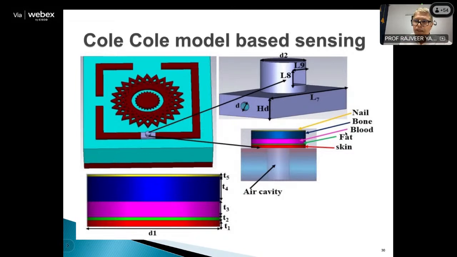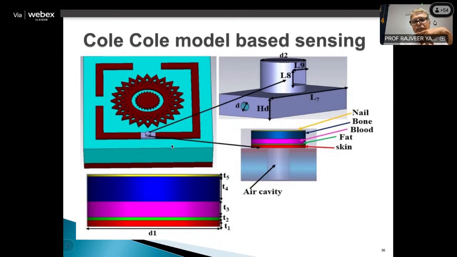The finger housing has different compositions of nail, bone, blood, fat, skin, etc. These have some electrical parameters, and these electrical parameters are placed in the finger chamber, and then the input signal is applied, either to monitor in reflected mode or to monitor in transmitted mode, as depicted here.